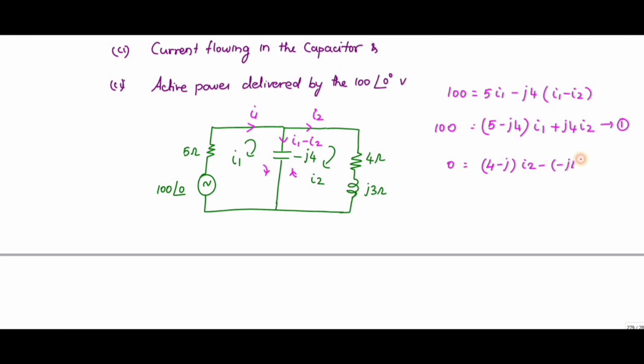So negative of minus j4, because j4 is between I1 and I2, times I1. So I can write 4j I1 plus (4 minus j) I2. This is your second equation.